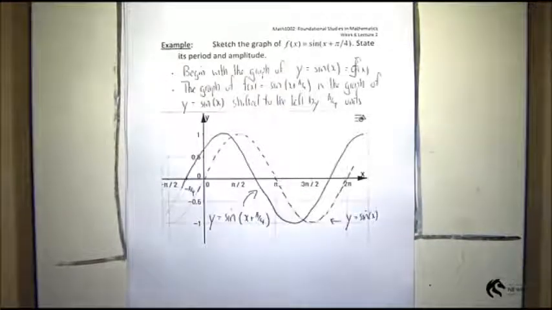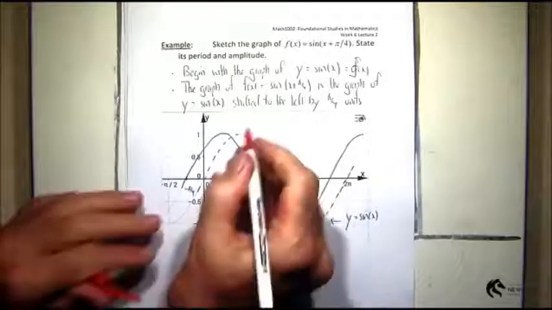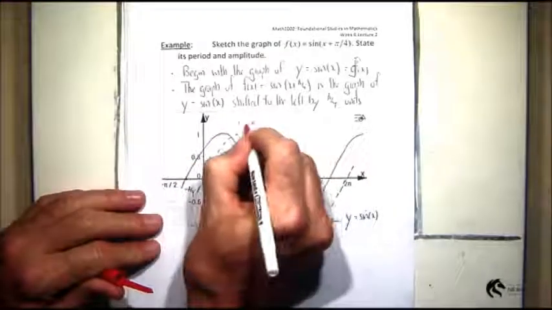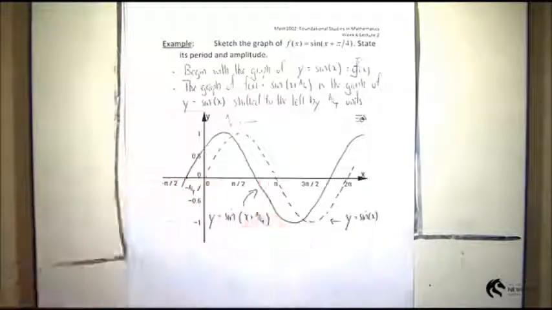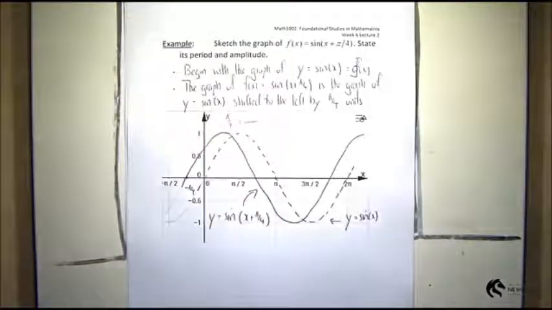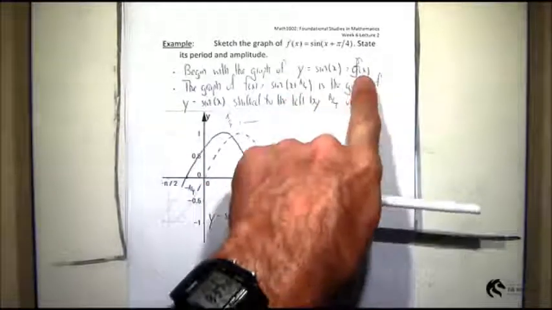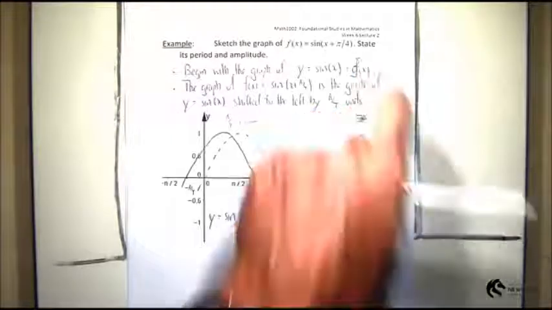The graph of sine x has been shifted this way by pi on 4, because this graph is g evaluated at x plus pi on 4.